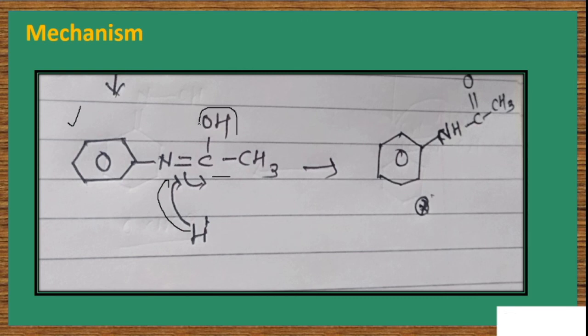So finally the amide group is formed, and the hydroxide changes into a carbonyl group, and after that it forms the amide. So this is all about the mechanism of this reaction.